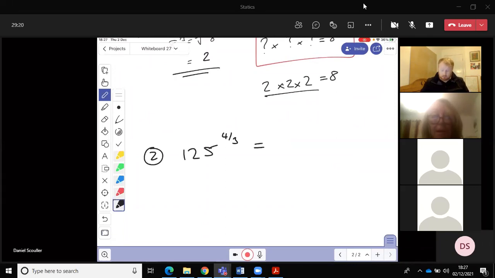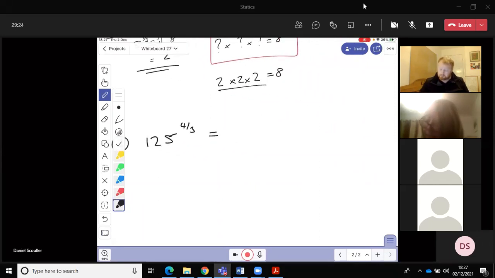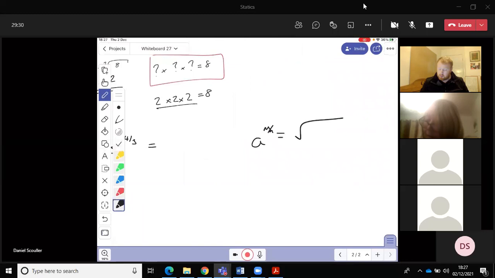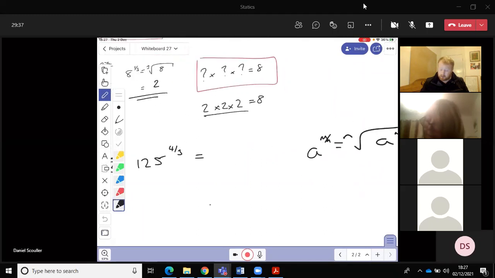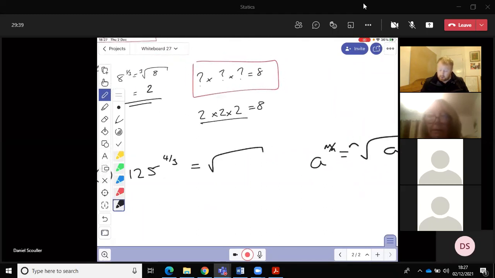So writing that out in the format, we know that in a over n, the bottom one becomes the root, and the power stays where it is. So write that out. The bottom one, the 3, becomes the root, the power stays where it is.